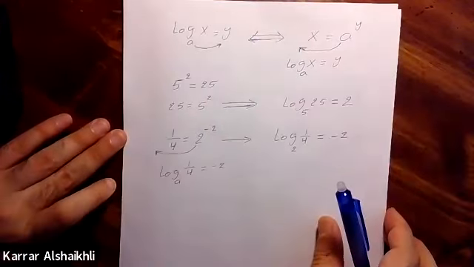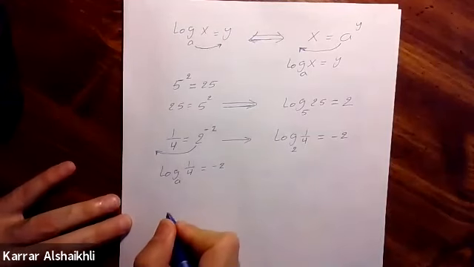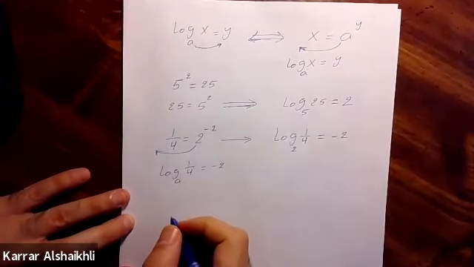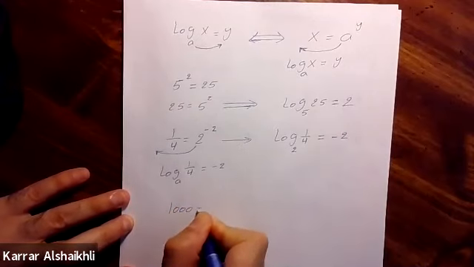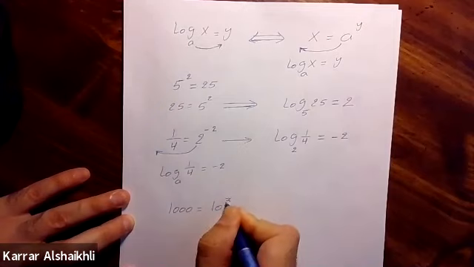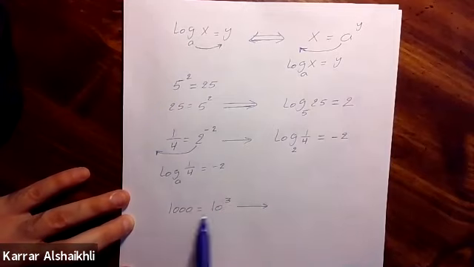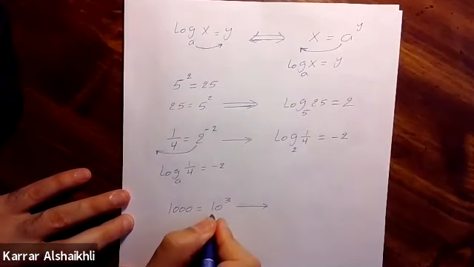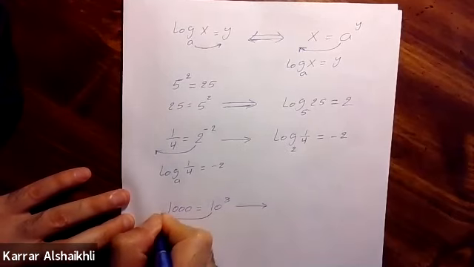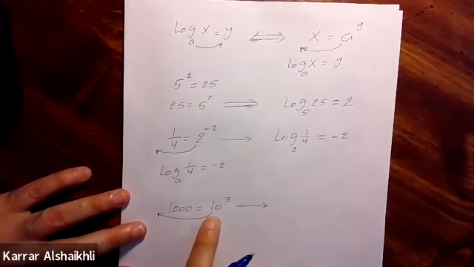Let's do one more example. If you have 1,000 equal 10 cubed. This is exponential form. We need to write down the log form. So what I'm going to do, I'm going to bring back the base. The base here is 10.